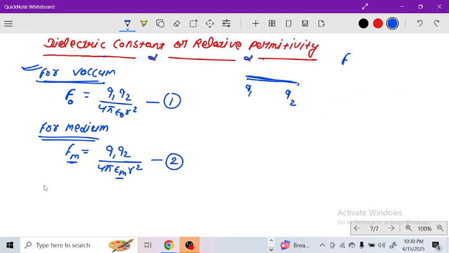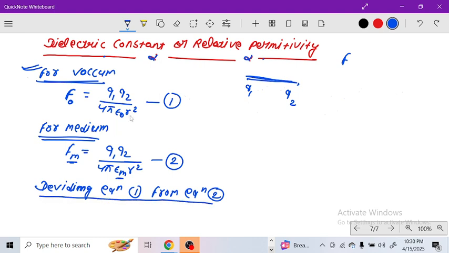So dividing equation 1 by equation 2, what will we get? What is equation 1, Kavya?